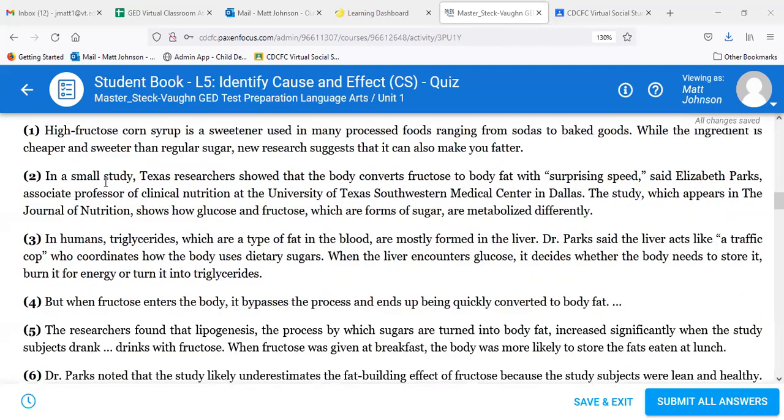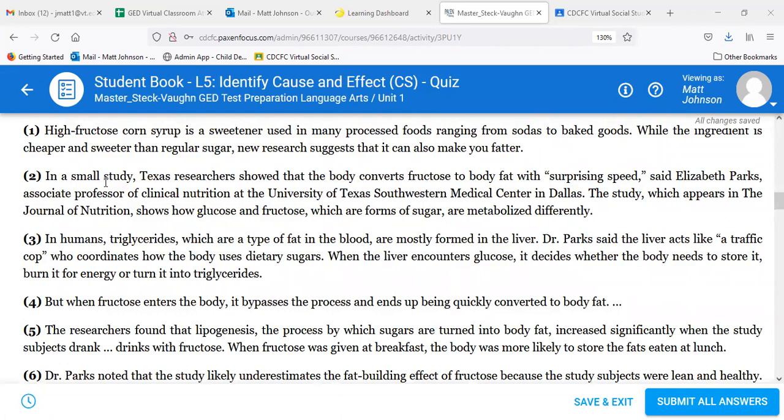When the liver encounters glucose, it decides whether the body needs to store it, burn it for energy, or turn it into triglycerides. But when fructose enters the body, it bypasses the process and ends up being quickly converted to body fat. The researchers found that lipogenesis, the process by which sugars are turned into fat, increased significantly when the study subjects drinks with fructose.